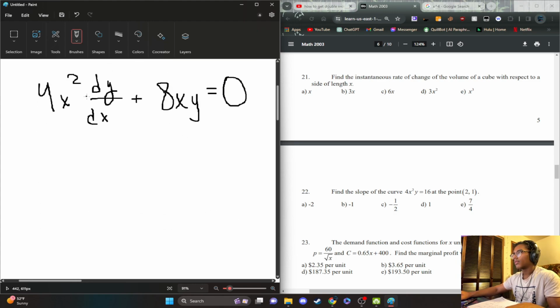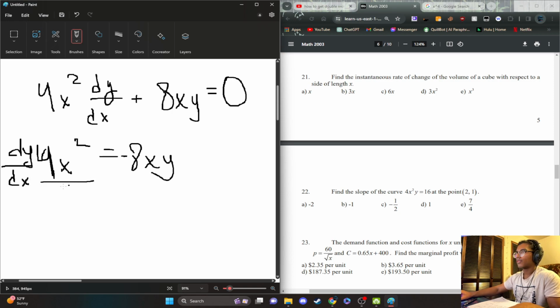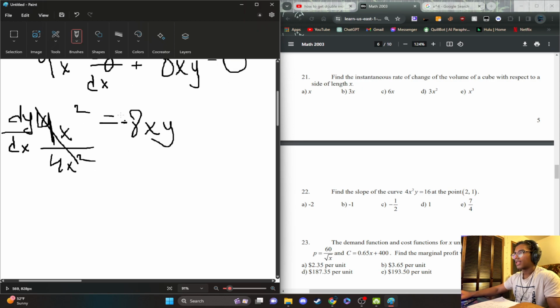Now we just try to isolate dy/dx. So we subtract 8xy on both sides. That gives us 4x squared dy/dx equals negative 8xy. I forgot to write dy/dx. Now we just divide everything by 4x squared.